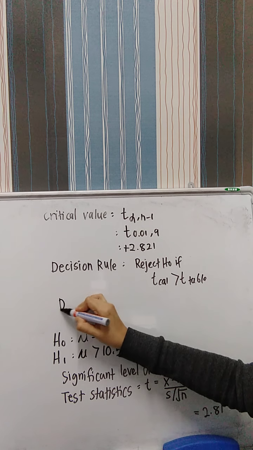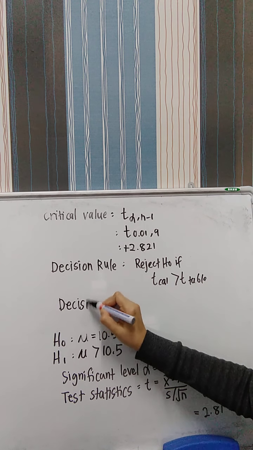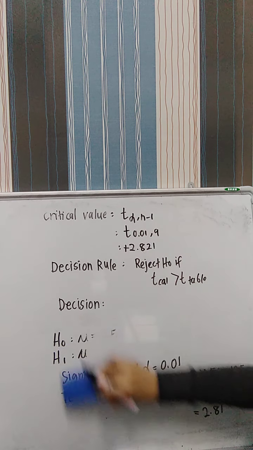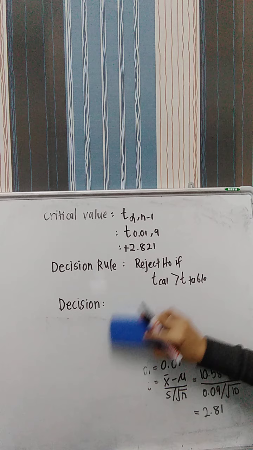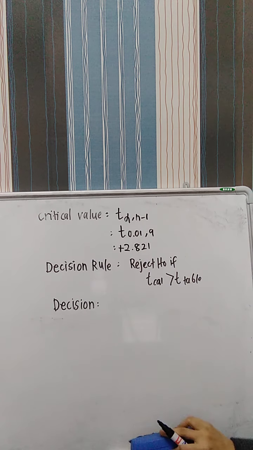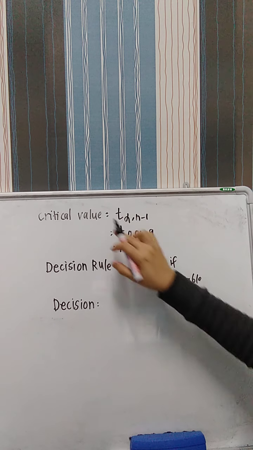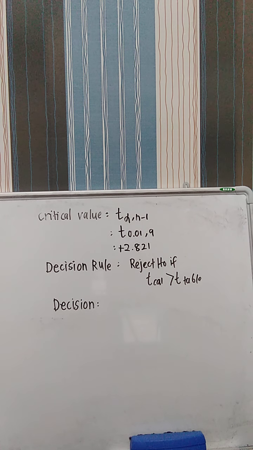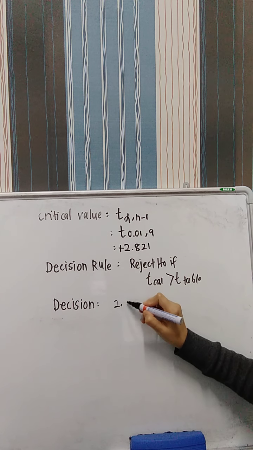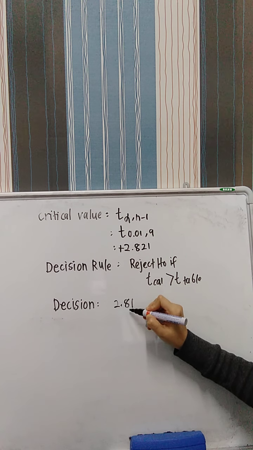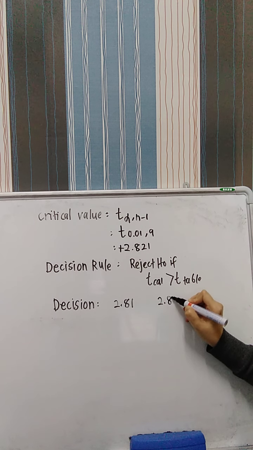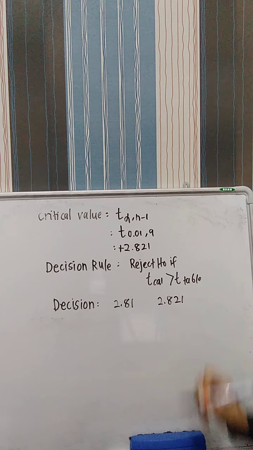And then we continue to the decision. What is the decision? You compare the value of the T test with the critical value. The T test value you calculated is 2.81 and the critical value is 2.821.